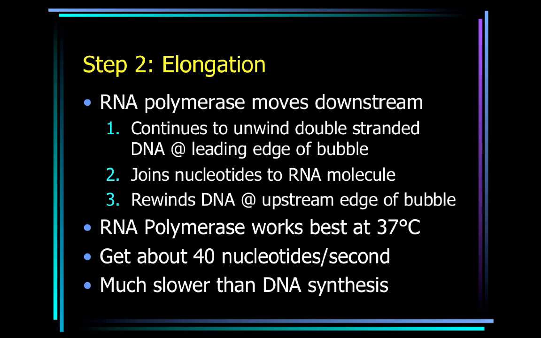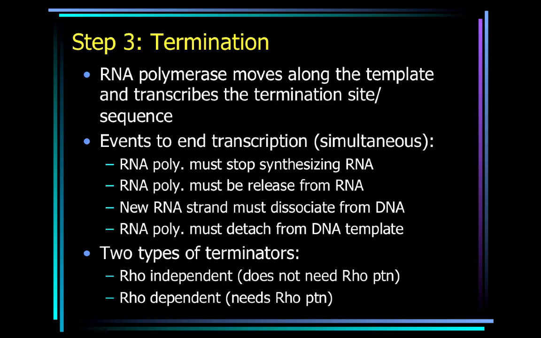We can actually get about 40 nucleotides produced per second. This is slower than DNA synthesis. I was thinking transcription. So this is a process that does take quite a bit of time, and the reason that it takes quite a bit of time is because we're dealing with RNA and not necessarily DNA.